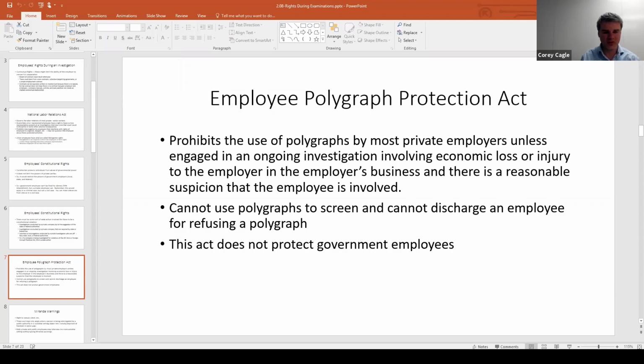So, for the most part, no polygraphs. You cannot use them to screen. You cannot use them to discharge an employee, and you can't discharge anybody for refusing a polygraph. It does not protect government employees, though. The Employee Polygraph Protection Act only protects the private sector.